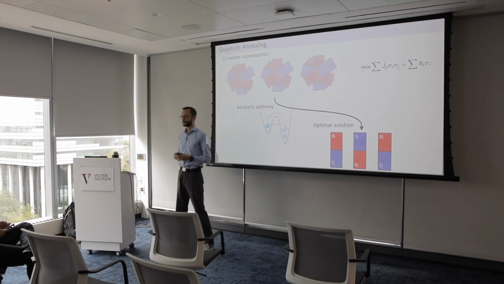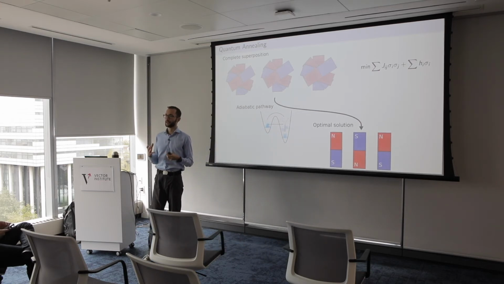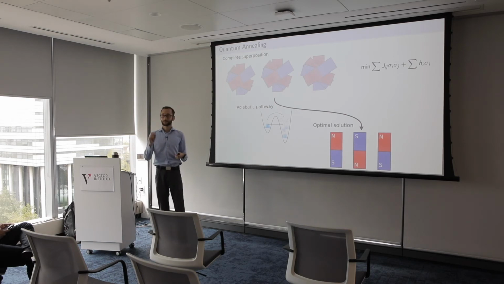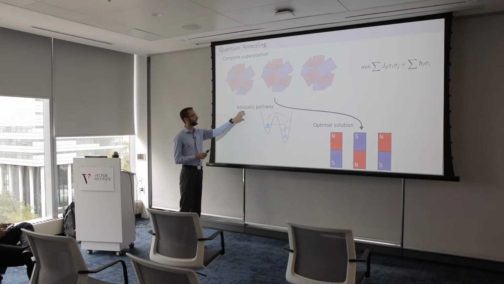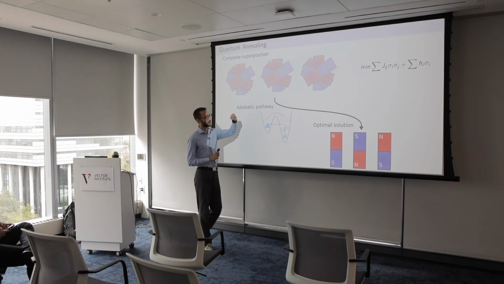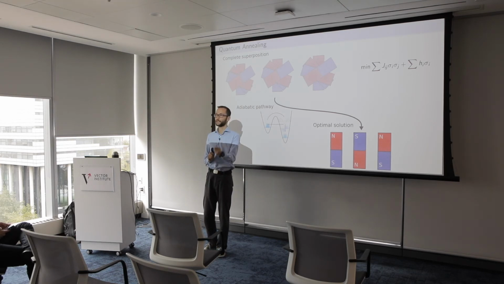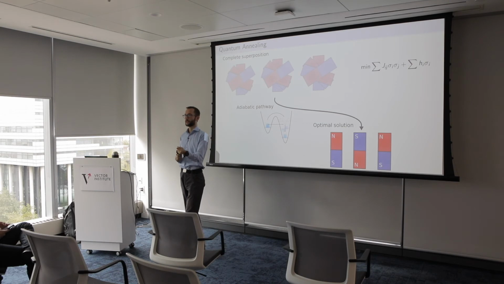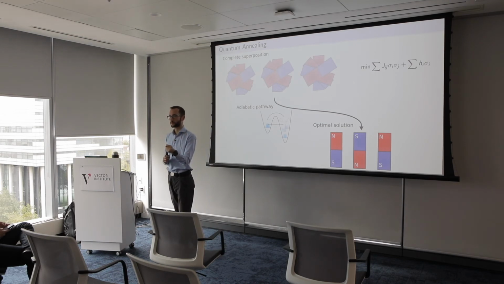And this sounds like, hey, with quantum annealing, I can just have my NP-hard problem and just solve it fast. But the critical thing is that you're following the adiabatic pathway, but there's a speed limit. If you do this quantum annealing too fast, then you jump out from the global optimum and you end up in some other local optimum.